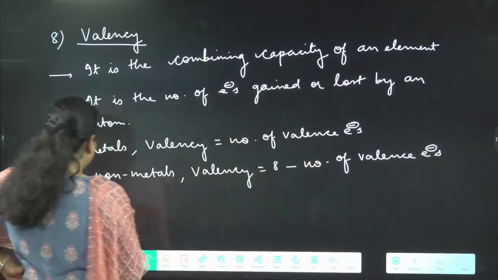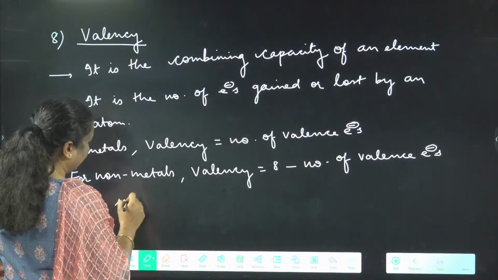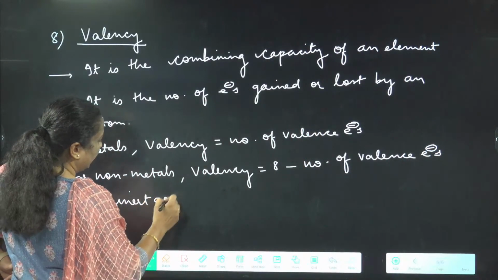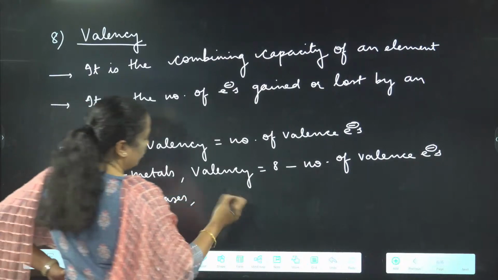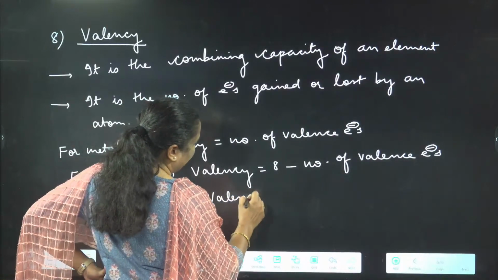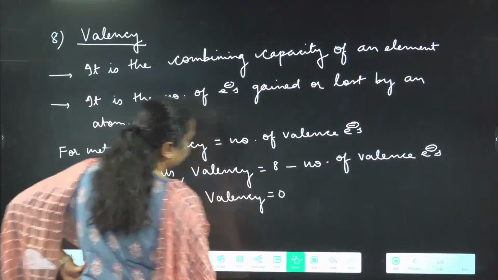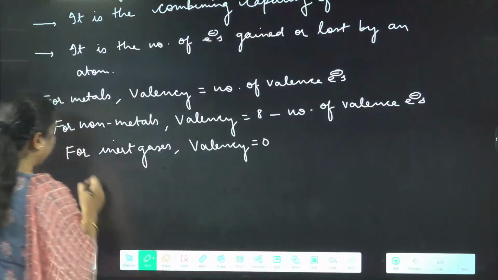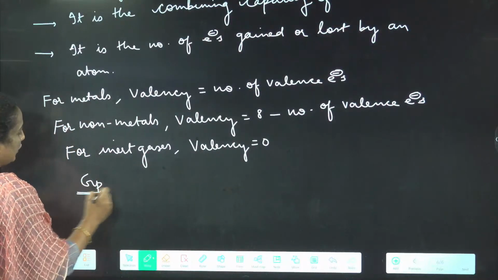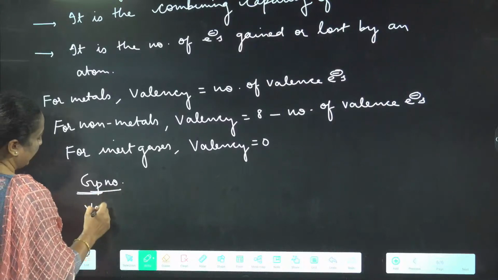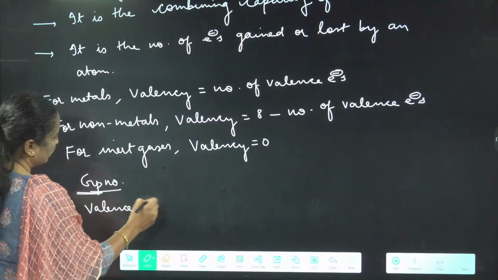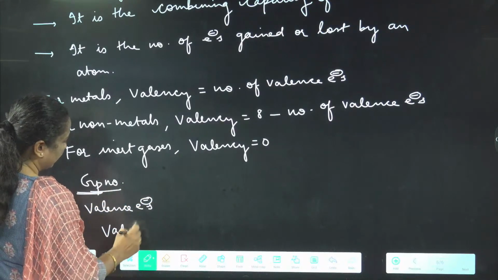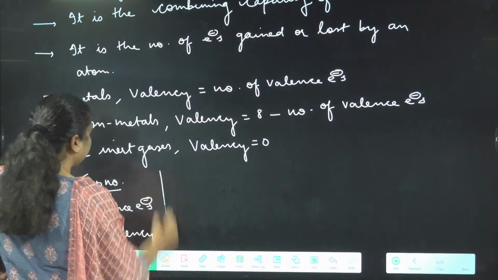And for noble gases or inert gases, they do not tend to combine and lose or gain electrons. So valency we are going to consider to be 0. So for example, I am writing different groups here: group number, valence electrons, and we are going to write down the valency.